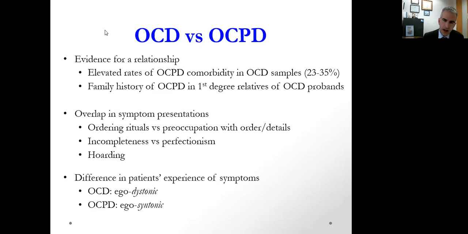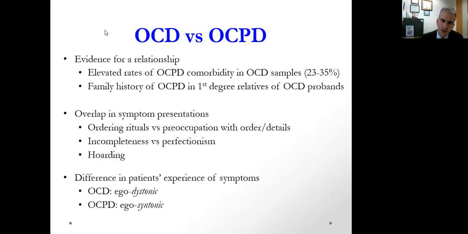Incompleteness, which is the phenomenon of feeling not just right in OCD, can look similar to perfectionism in OCPD. And then hoarding, which was once subsumed under OCD, is a behavior that you see in OCPD. That was another area of overlap. Since the DSM-5, hoarding is now considered a separate condition, hoarding disorder.